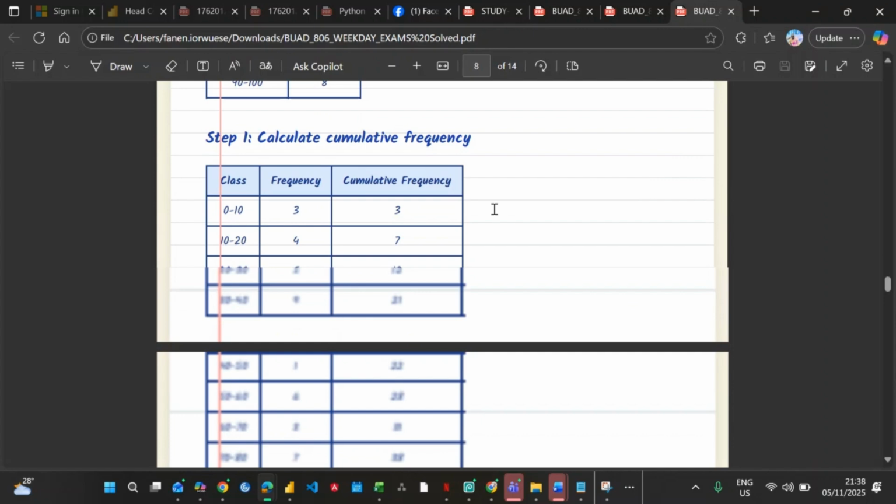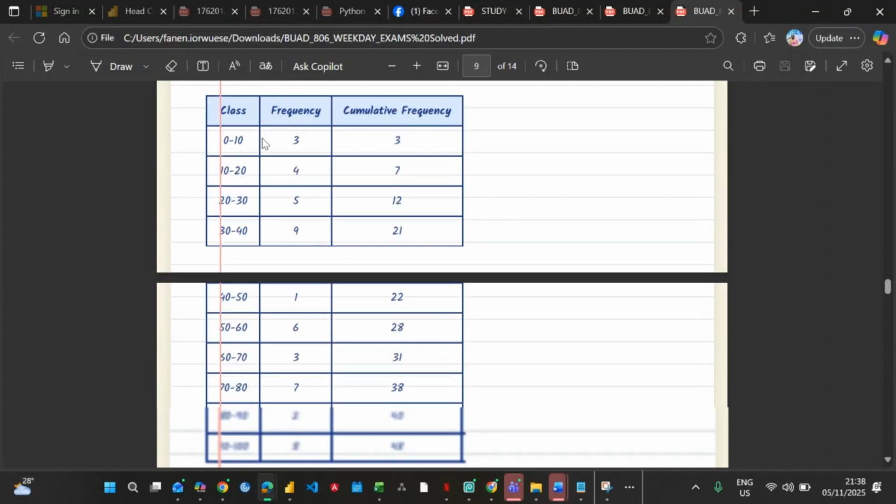But trust me, I think I've solved this one too. Let me just check. Yeah, this is number three. So you see, this is the table, just like the other table. So you're going to calculate this one that has the cumulative frequency. Let me explain. We have 3 as the frequency.